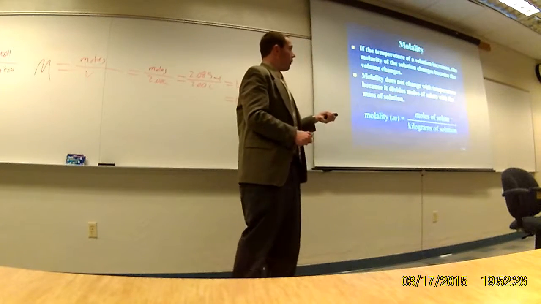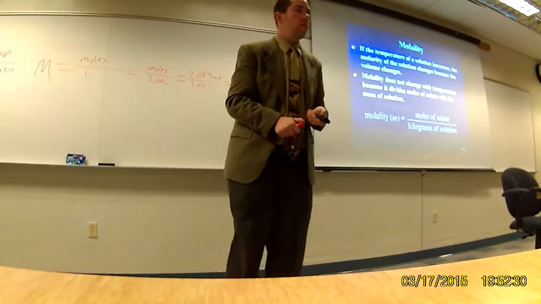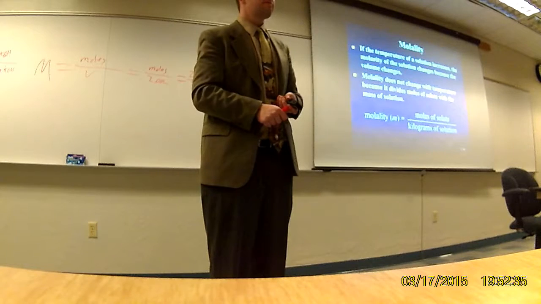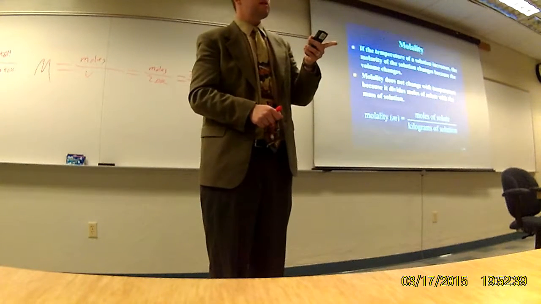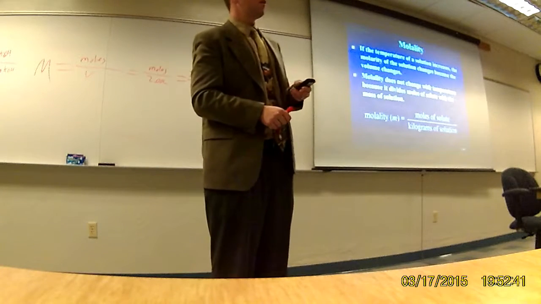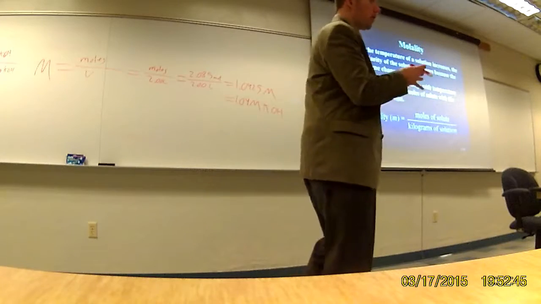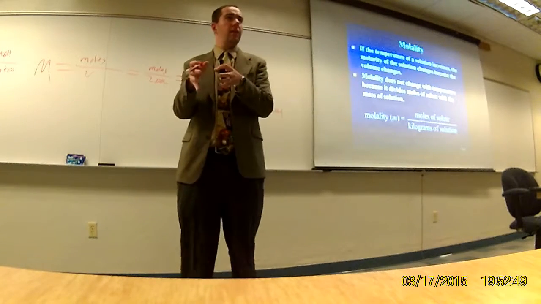Thinking about working in a lab, why would this be inconvenient? Kilograms is a lot. Say you wanted X amount of sodium chloride, and you know the concentration of your sodium chloride solution.